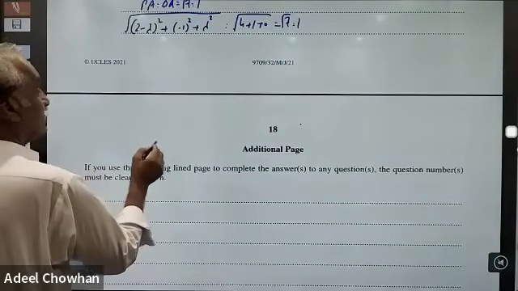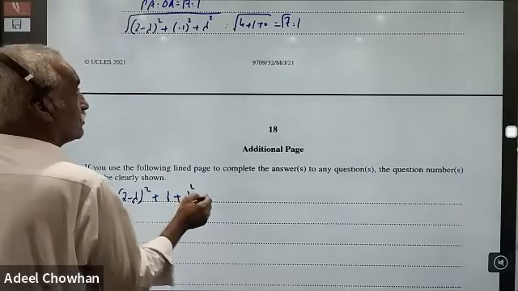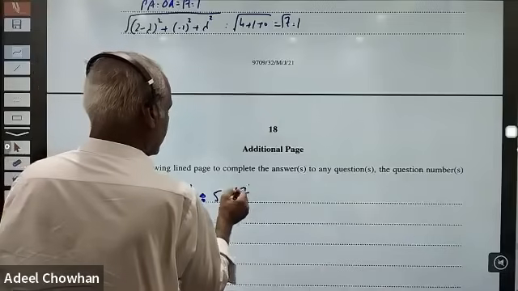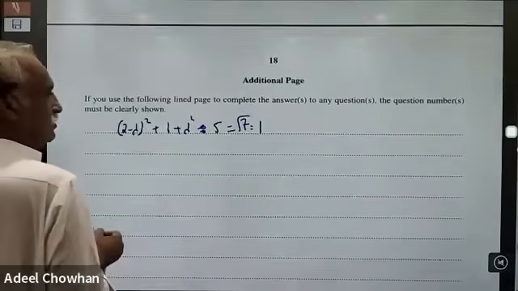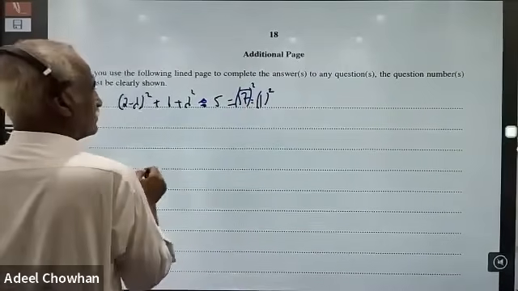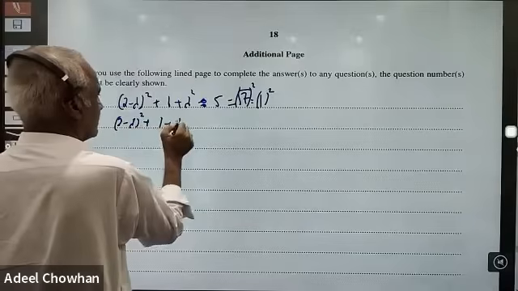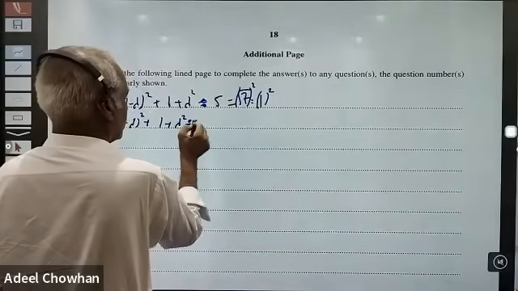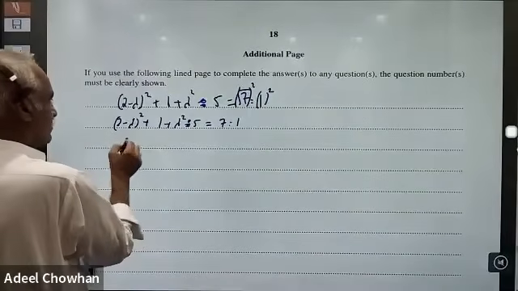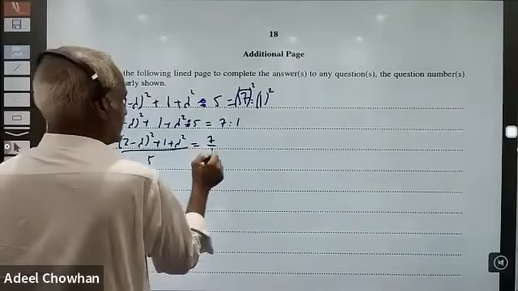Taking the square on both sides, (2 minus lambda) squared plus 1 plus lambda squared over 5 is equal to 7 over 1.